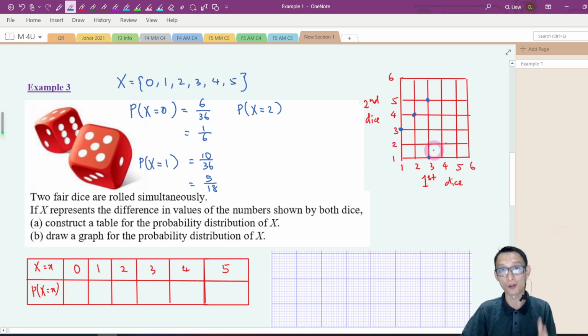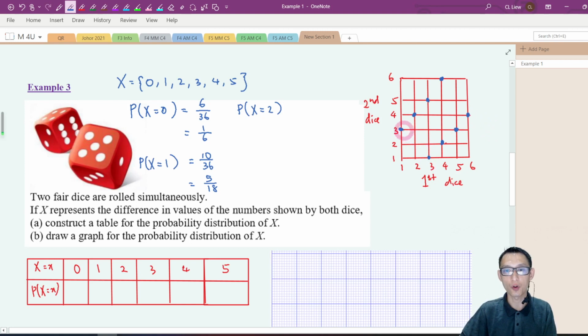So there are two possible outcomes here. 4 can be paired with 6 and also 2. 5 can be paired with 3. 7 is not possible, right? And 6 can be paired with 4.